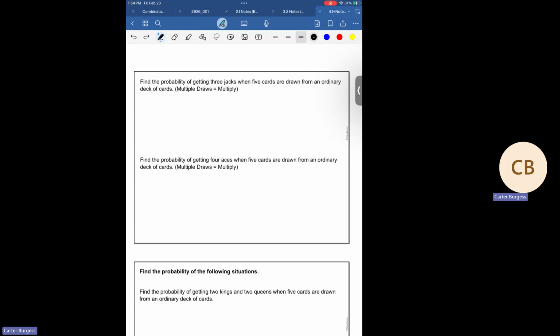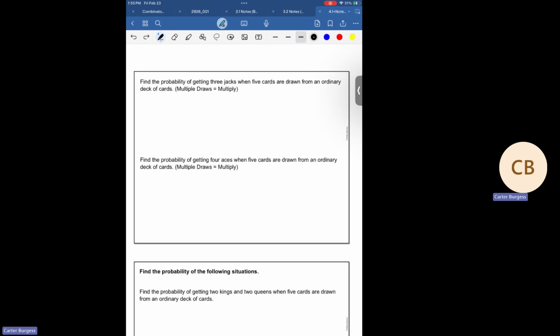Well, first of all, before we get into that, does the order of the cards affect whether or not we have 3 jacks in hand? No, it doesn't matter if I get a jack first, fourth, and fifth versus second, third, and fourth. What matters is the cards themselves. So the order in which I'm getting these cards does not matter. So we'll do that combination thing again.